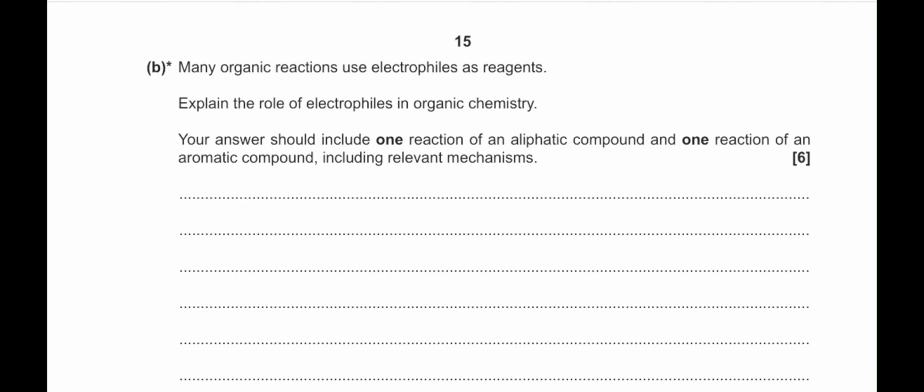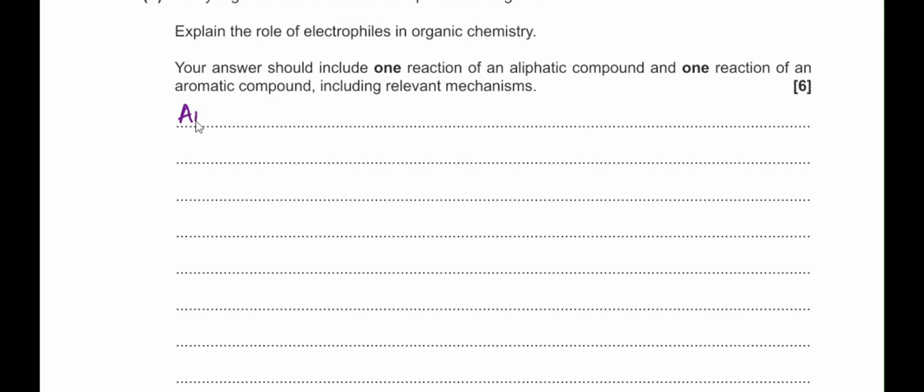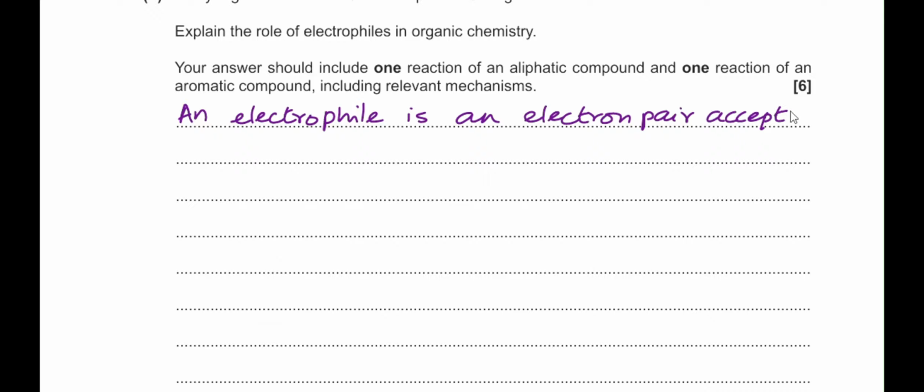Let us start by writing the standard definition for electrophiles. An electrophile is an electron pair acceptor. So that's the standard definition. Let us write one example for aliphatic compounds.